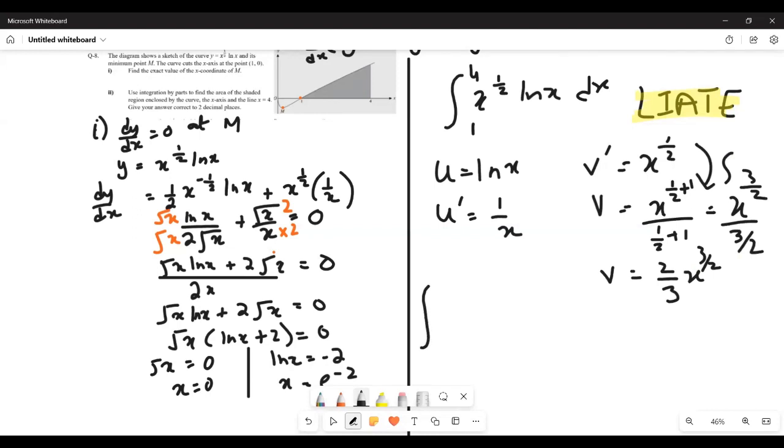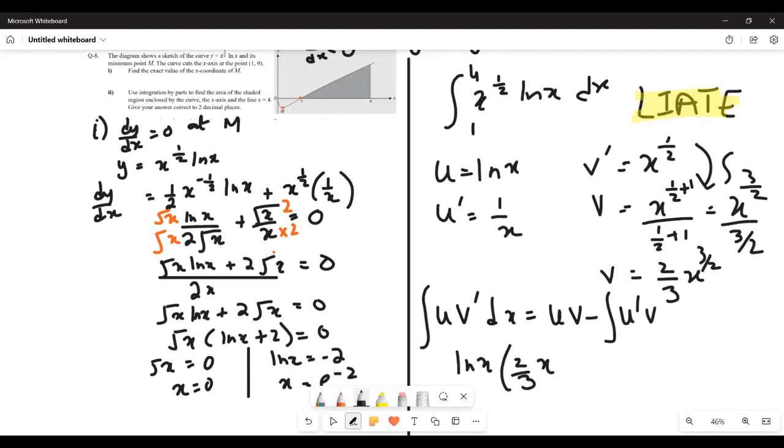Now the integration by parts formula is: the integral of u v dash equals u v minus the integral of u dash v. So u is ln x and v is 2/3 x power 3 upon 2, minus the integral of u dash, which is again 1 over x, times v, which is 2/3 x power 3 upon 2.